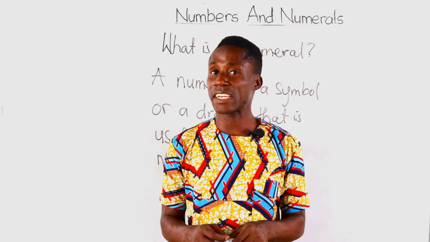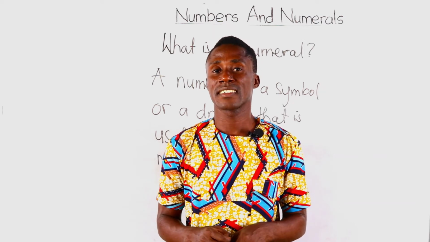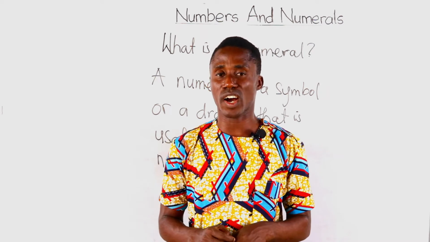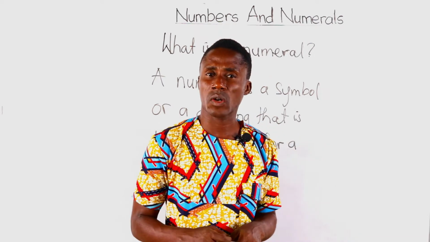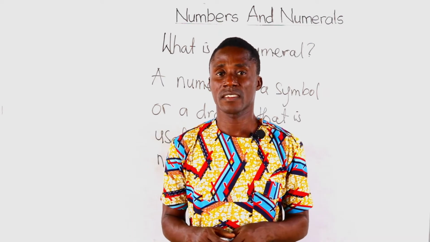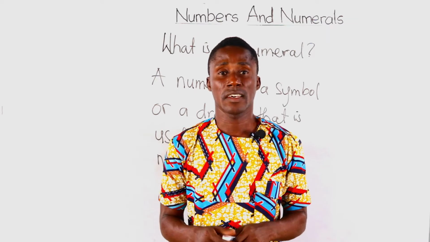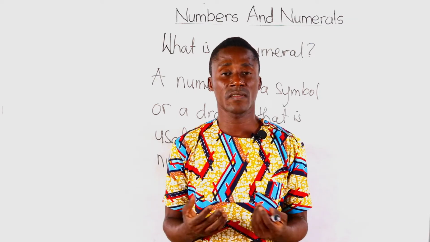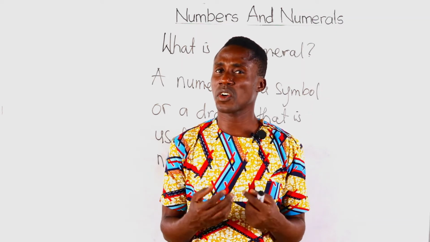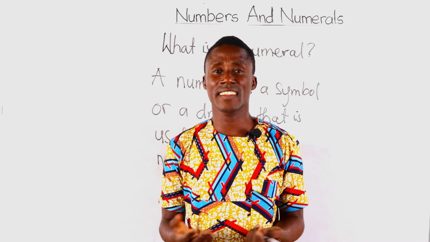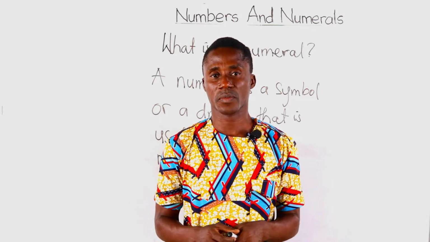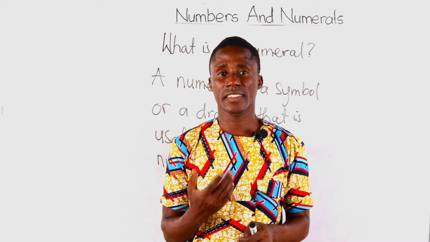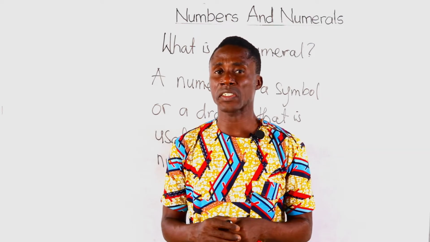Let's go back right to the beginning and remind ourselves of what we have learned so far. We learned what counting is, and we said counting is the process of knowing how many things there are. And we also got to know what a number is, and we said a number tells us how many things there are.